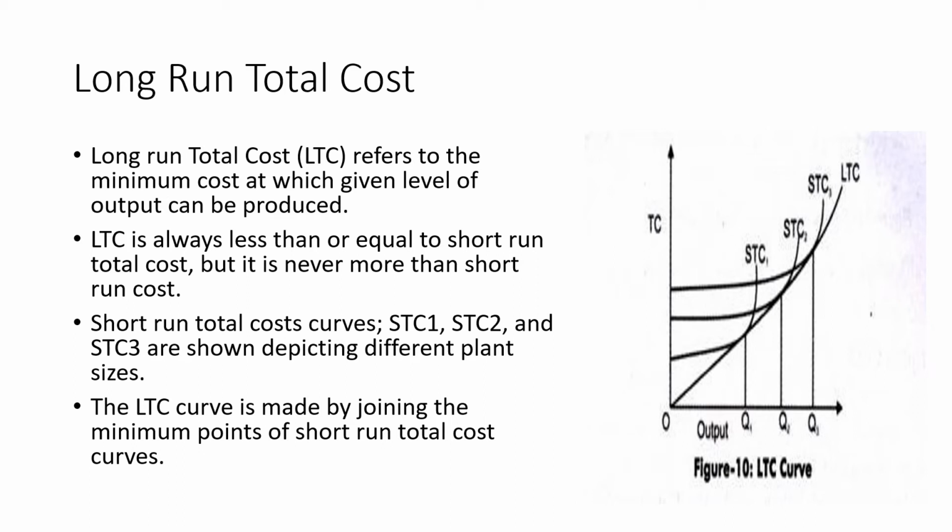Here you can see different short run cost curves, STC1, STC2, STC3, representing three different plant sizes, and by joining the minimum points of STC1, STC2 and STC3, you get the long run total cost.